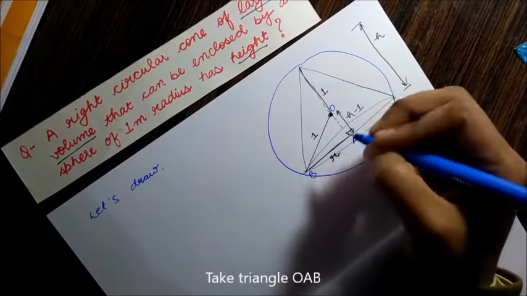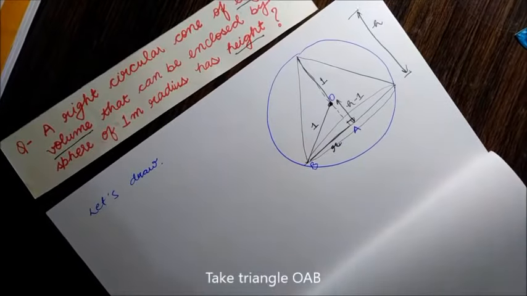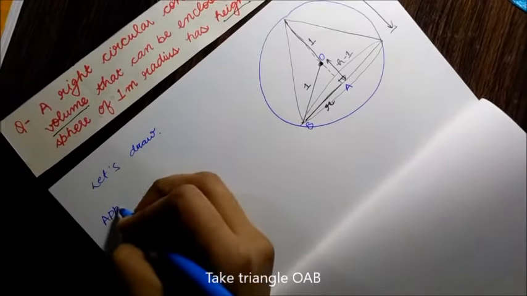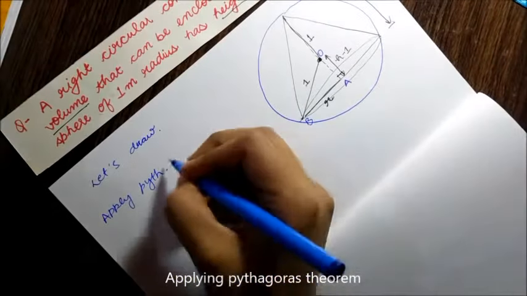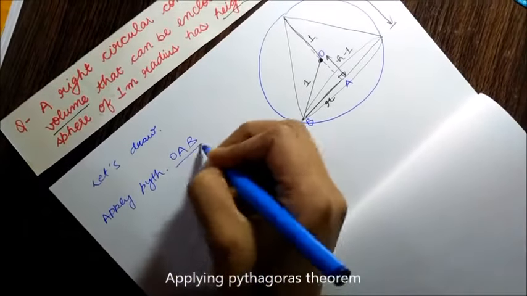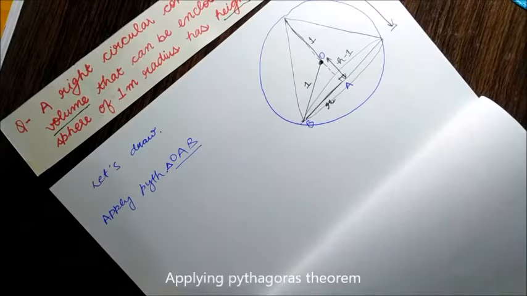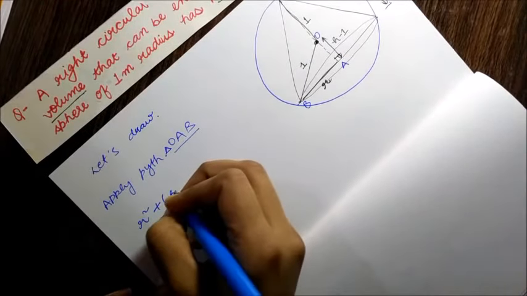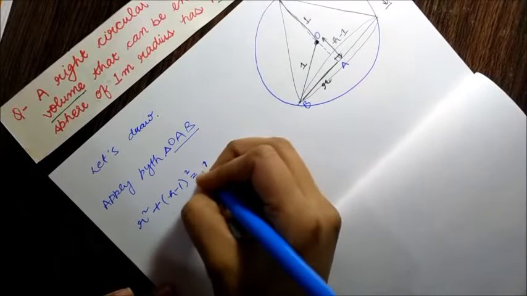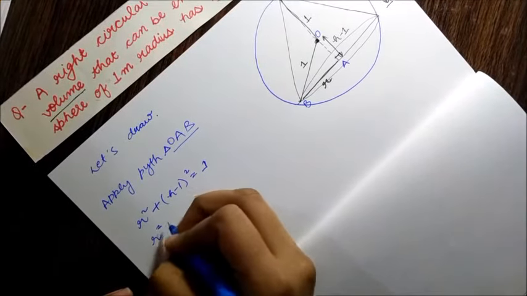Now I'll mark this triangle OAB and we'll apply the Pythagoras theorem here. So as you can see, r square plus h minus 1 square is equal to 1 square.